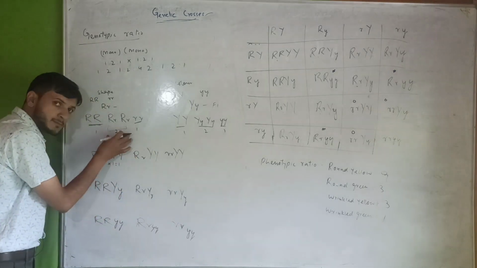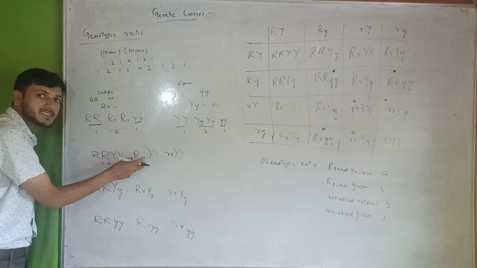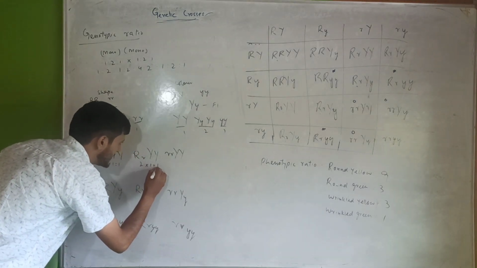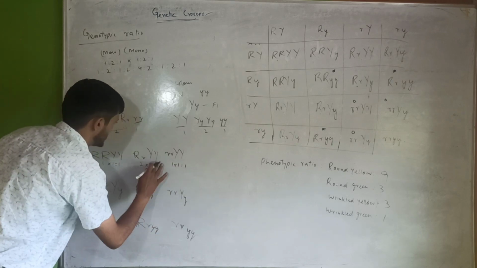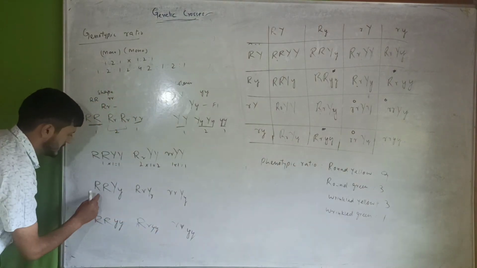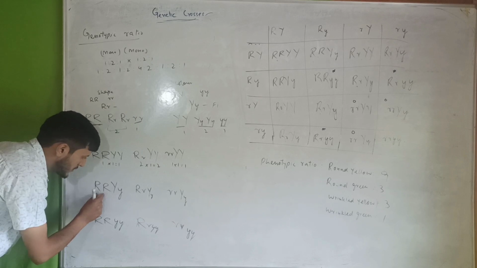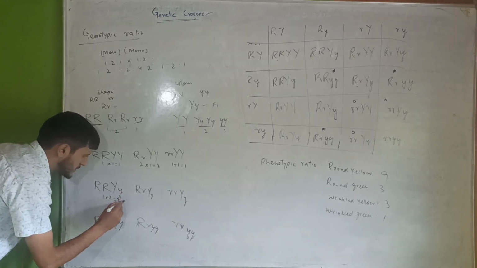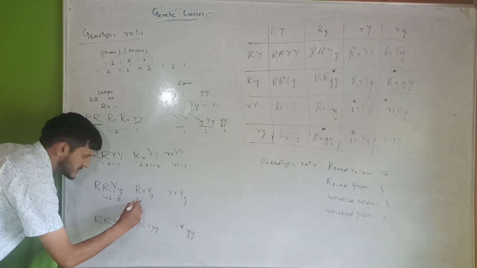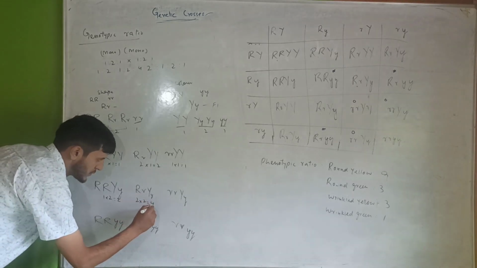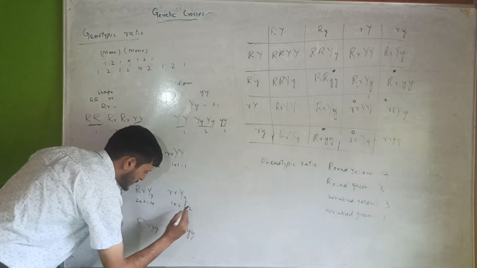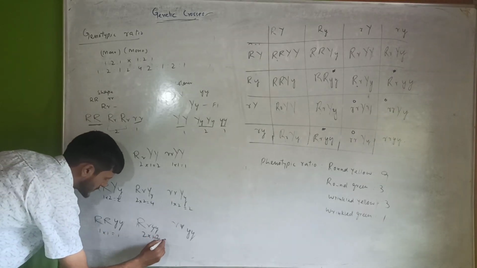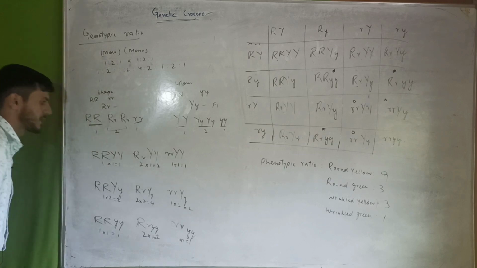Capital R, small r, how many times? 2 times, because it's heterozygous. 2 into YY, 1. Capital R, homozygous dominant, 1. Capital Y, small y, heterozygous dominant, 2. Capital R, small r, heterozygous, 2, 4. 1 into 2, 2. 1 into 1, 1. 2 into 1, 2. 1 into 1, 1.